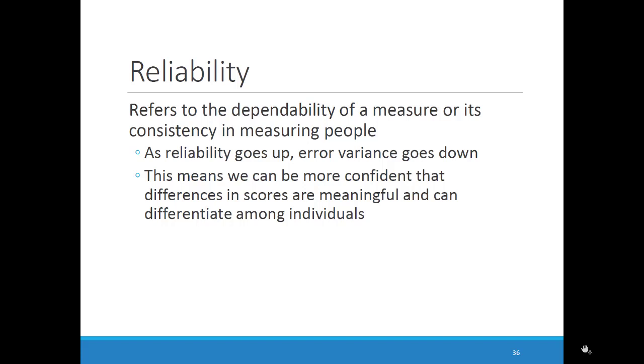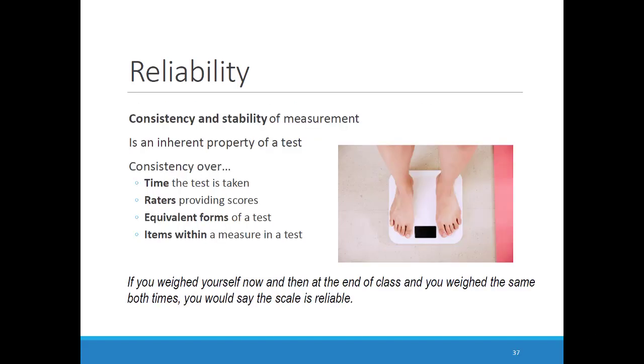So in terms of reliability, one of the examples that I like to use is the example of a scale. If you weighed yourself now and then at the end of this class and you weighed the same both times, you would say that the scale is reliable because it has measured your weight consistently.